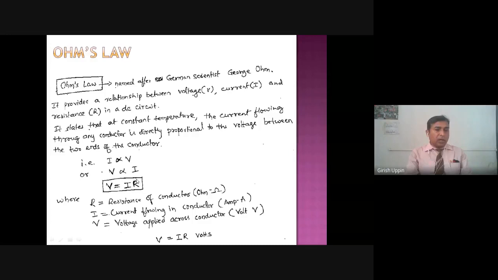Here V is nothing but the voltage that is applied across the conductor. Then I is the current flowing through the conductor, and R is the resistance of the conductor.